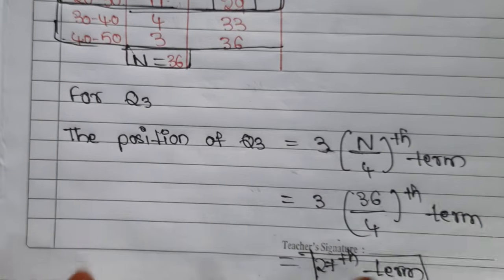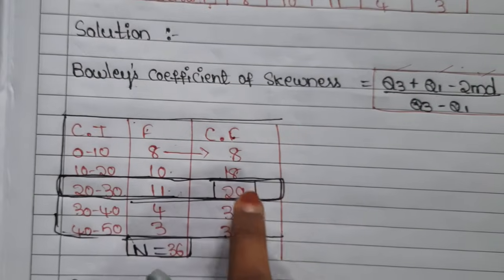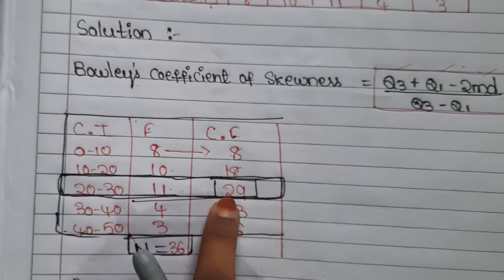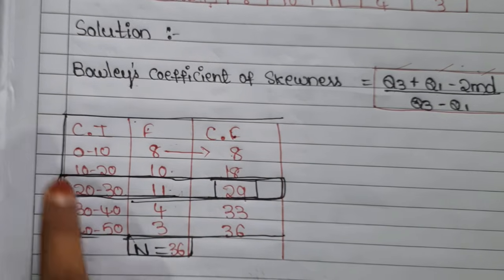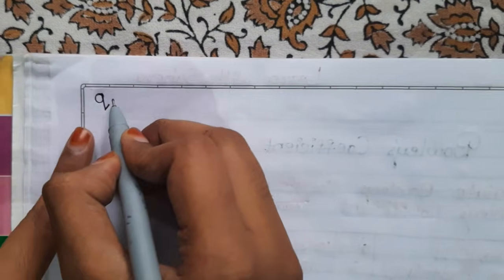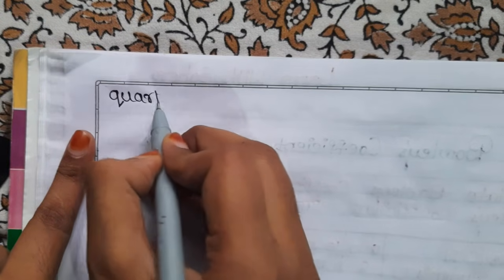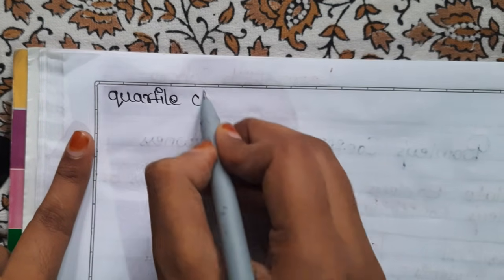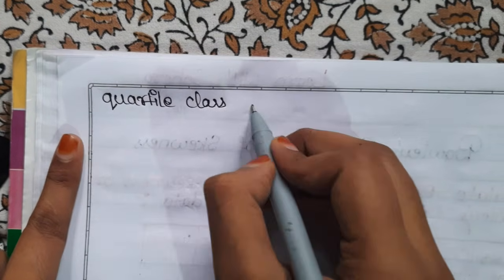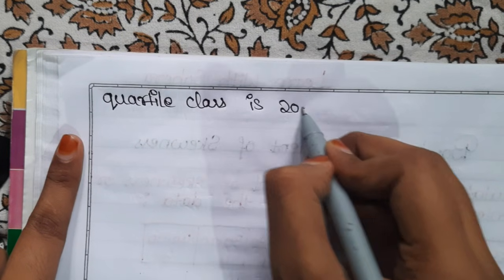After doing this much, we have to find this in the cumulative frequency. We didn't get 27, so we got 29, which is after 27. Then we take this box. Then you should write quartile class is 20 to 30.